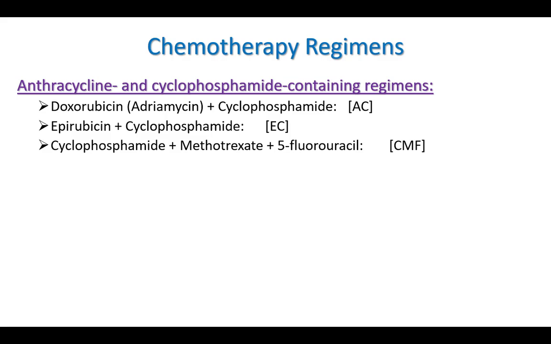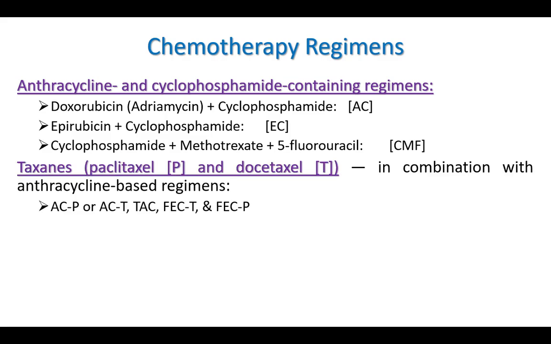Doxorubicin is famous as adriamycin, so usually you'll see A written first. So AC is adriamycin plus cyclophosphamide. Epirubicin is another anthracycline with cyclophosphamide. Then you have cyclophosphamide with methotrexate and 5-FU, and then you can add taxanes to it as well, like paclitaxel or docetaxel.